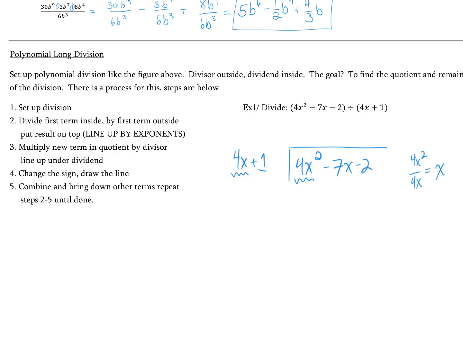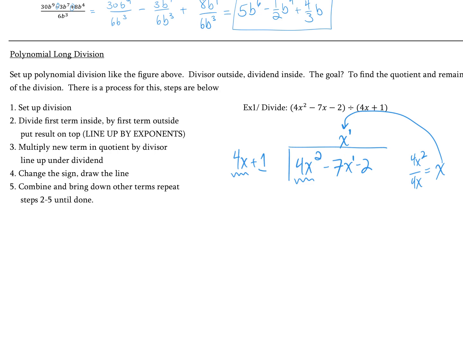Then you will line this answer up to the top. And the way you line things up in polynomial division is by the exponent of the x. Since this is the term that had x to the first power, x to the first power will go above it. It's just an organizational tool.